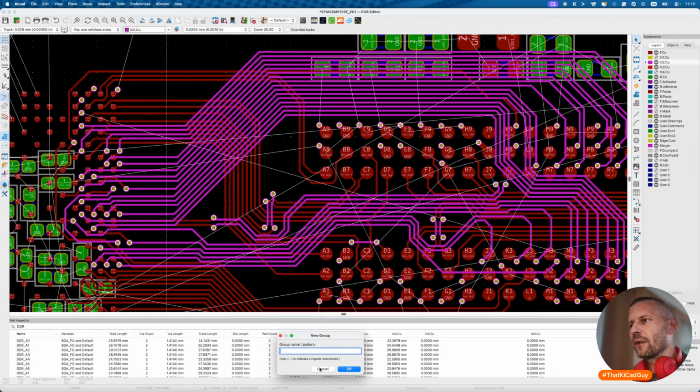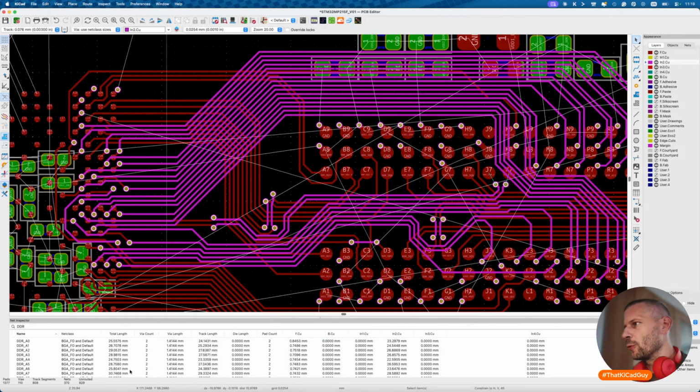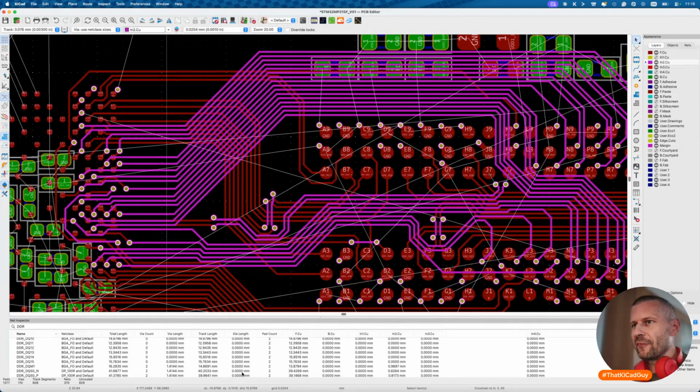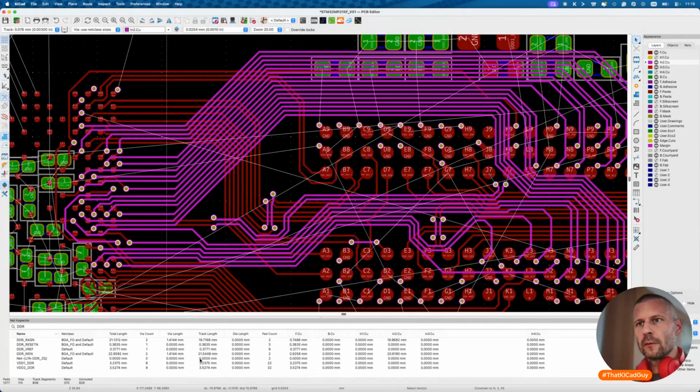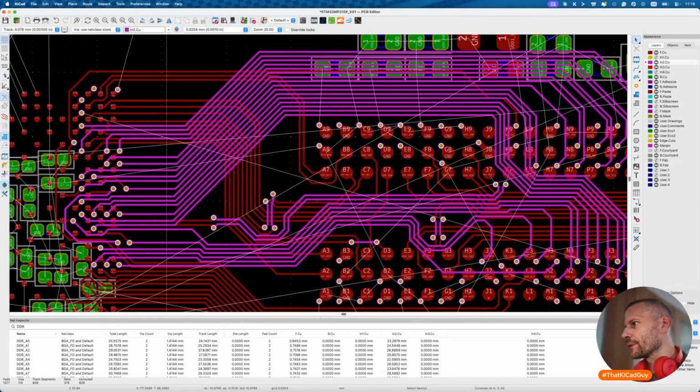Group name, yeah, we can create a new group. Maybe there can be like D0 to D7 plus DQ0. I don't know. I don't know how it works.